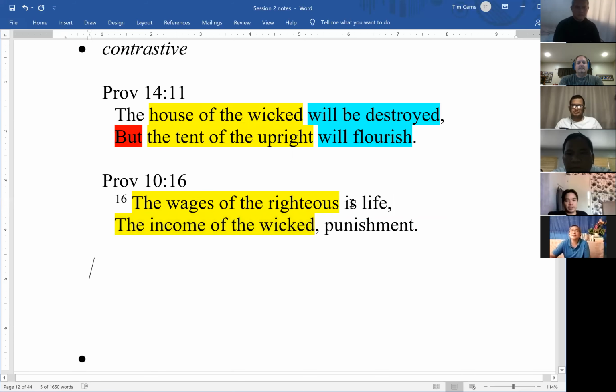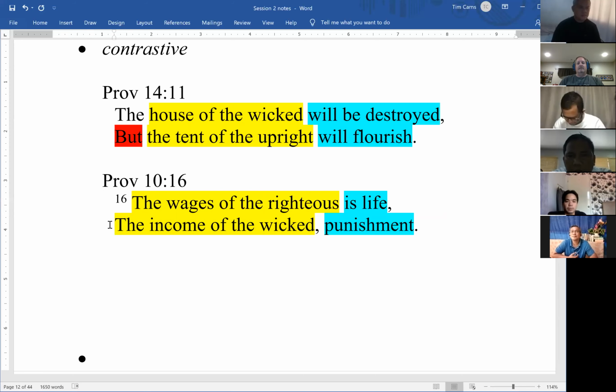And he says, here is life, here is punishment. But notice there's no but in this verse. But this is still contrastive. It doesn't have to have a but. All right? Many times it will, but it doesn't always. So I'm just pointing that out to you, okay?